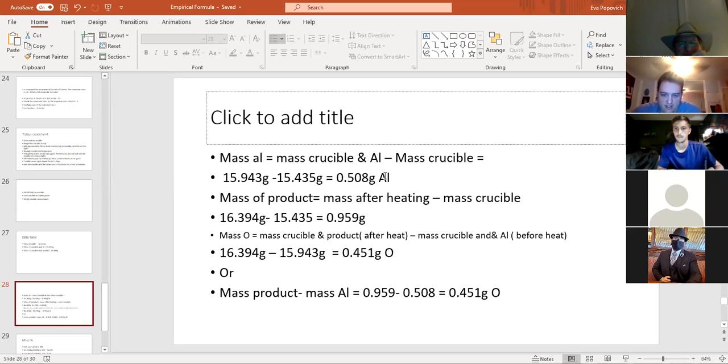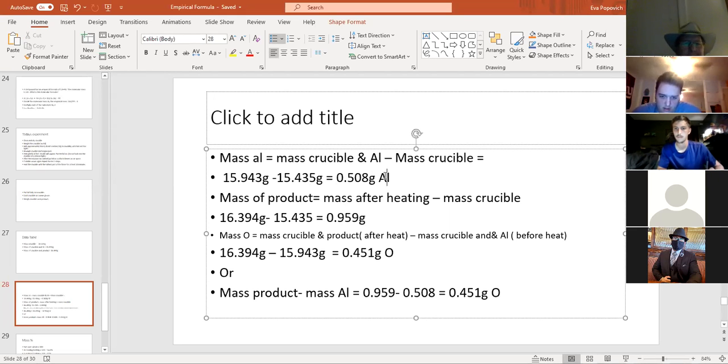You take the mass of the product and subtract the aluminum that you got. I could do it two ways. I could take the mass of the product in crucible and subtract the mass of the aluminum in crucible. That will give me 0.451 grams of oxygen. Or I could take the mass of the product, subtract the mass of the aluminum. That will also give me 0.451 grams of oxygen.